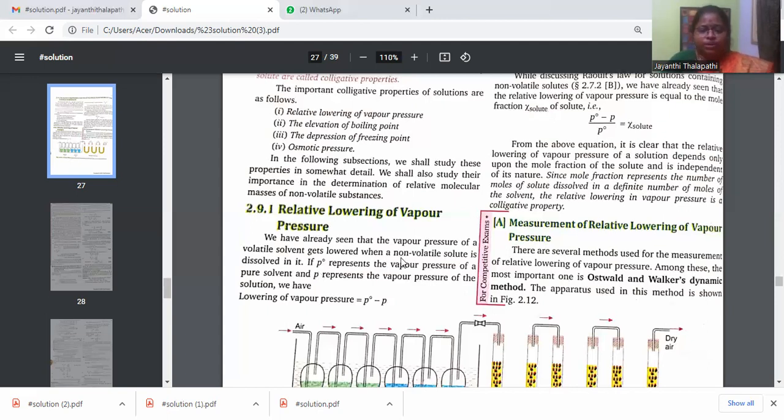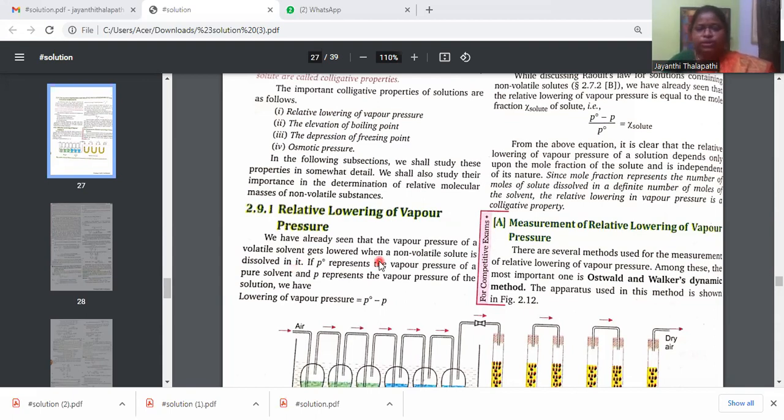So the vapor pressure of the volatile solvent gets lowered when a non-volatile solute is dissolved in it. For example, ethanol is a volatile substance; by adding water, it suppresses the volatility, decreasing the vapor pressure, right?